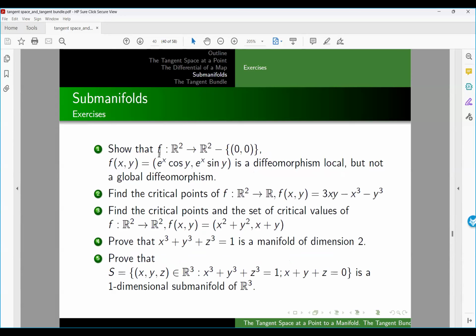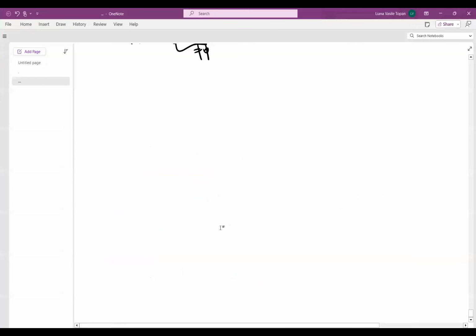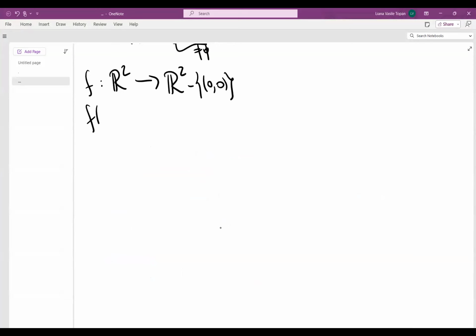So just a second, cosine of y. I'm writing it on a paper. All right, so here we are. Okay, so we want to show that we have the following map. Let's say f defined on R squared onto R squared minus the origin, and f of x and y equals exponential of x cosine of y, exponential of x sine of y.